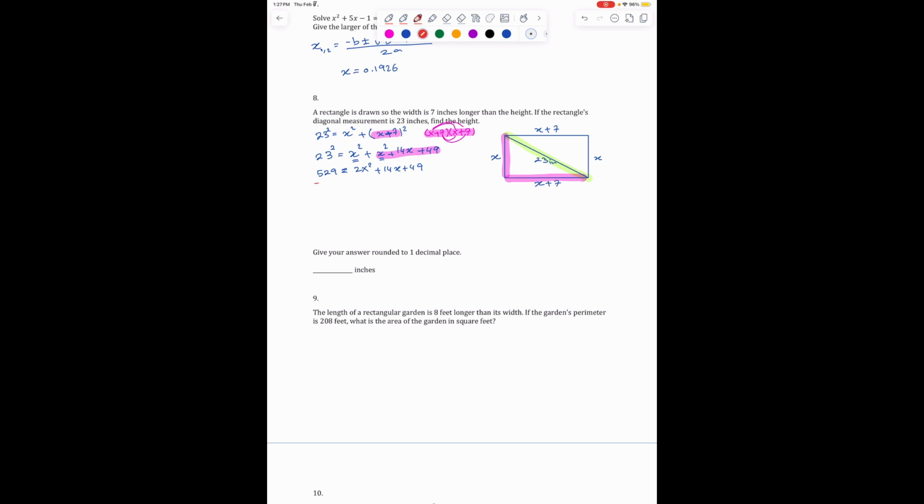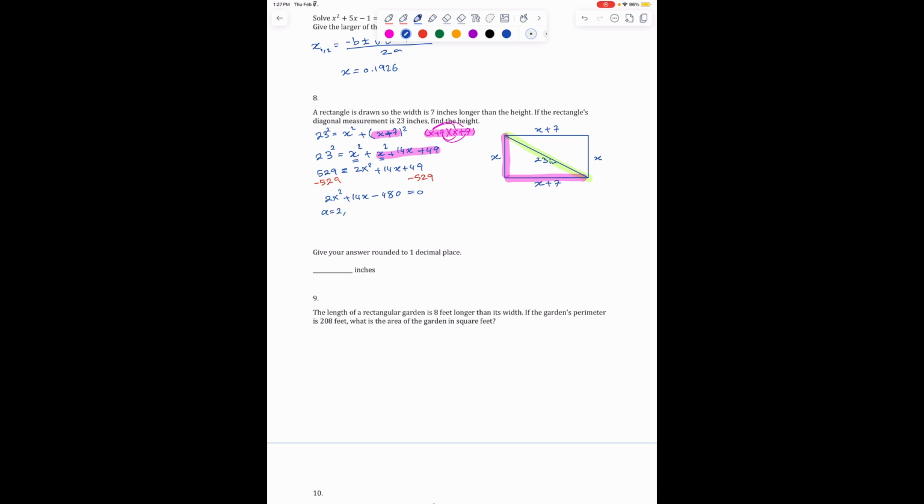So in this case, I'm going to subtract 529 from both sides. I will end up with this equation. I will rewrite it such that it makes sense to me. So I will have 2x squared plus 14x, and then 49 minus 529 is negative 480, equals 0.